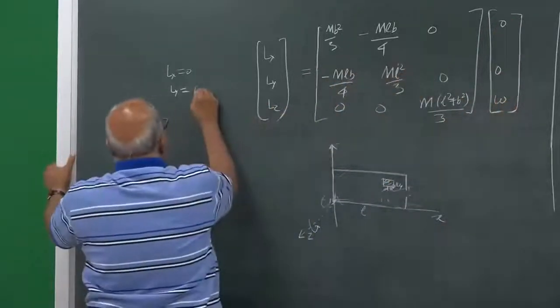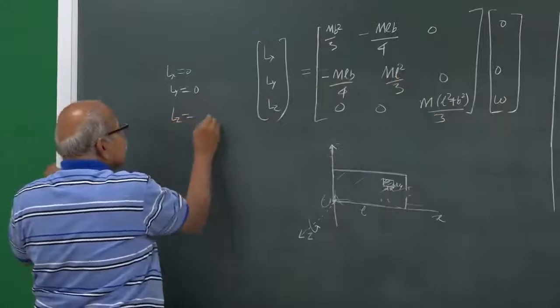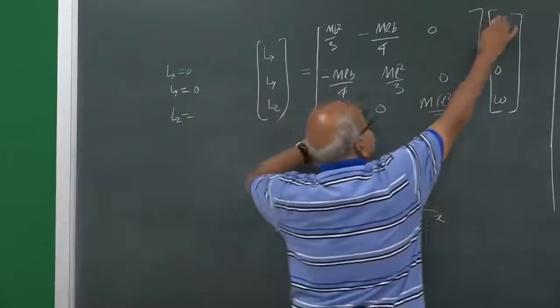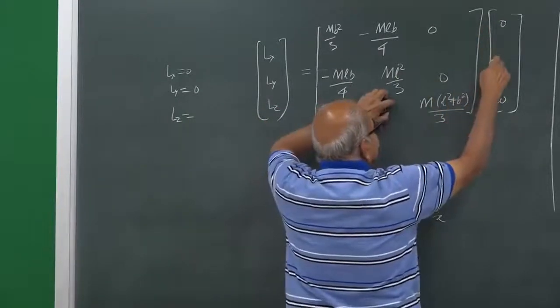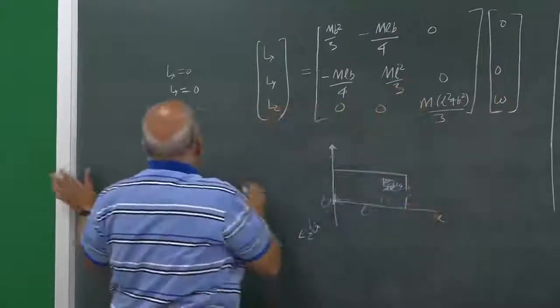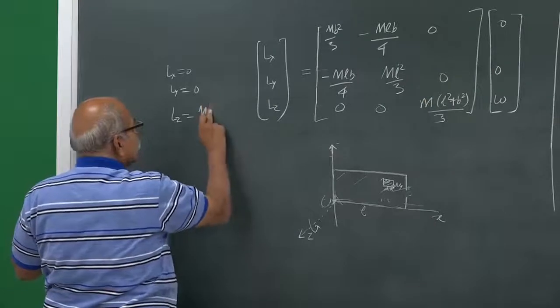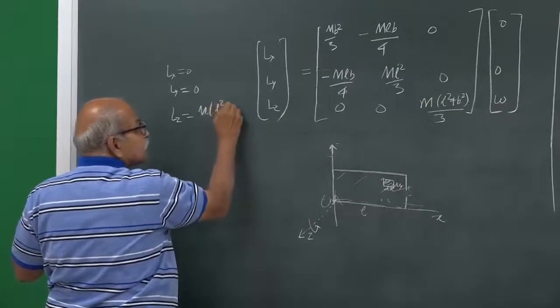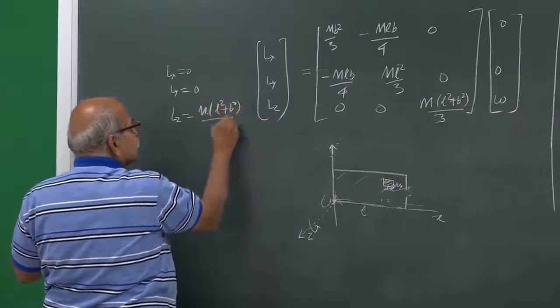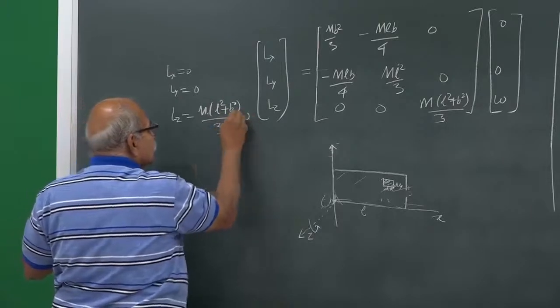So, Ly is also 0. Lz is this into this plus this into this plus this into this. So, this is m (L square plus b square) divided by 3 and then omega.